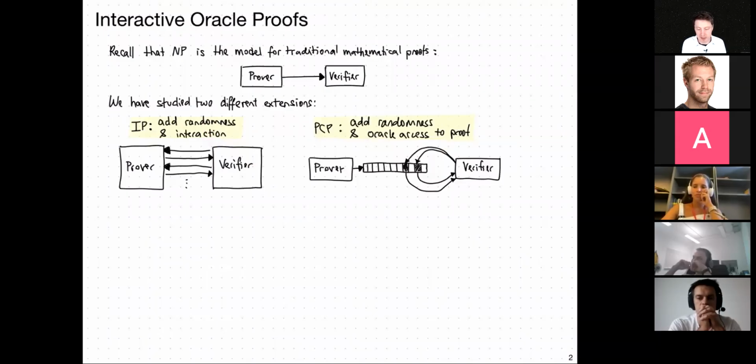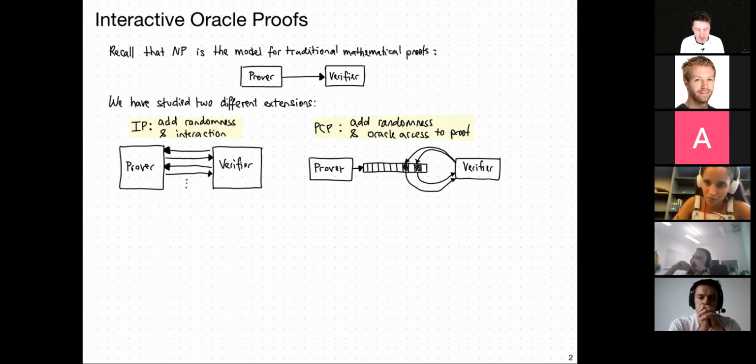So in both cases, there is some notion of randomness in order to make the interaction interesting and to make the oracle access interesting. Otherwise, without randomness, they will just again collapse back to NP.